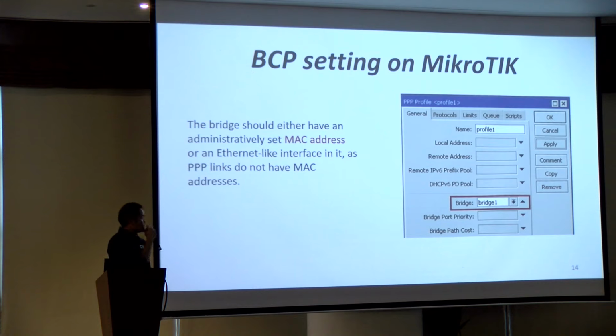There is no box on PPP to click to enable it on MikroTik, no tab for BCP. To enable BCP, we make a bridge and add the Ethernet port you want to combine with, and then set this bridge in the PPP profile. This is the BCP setting.